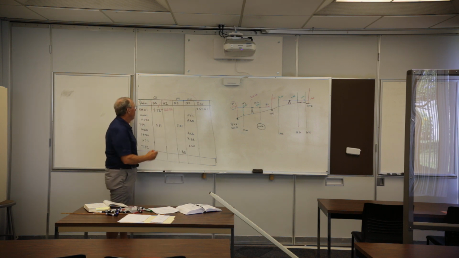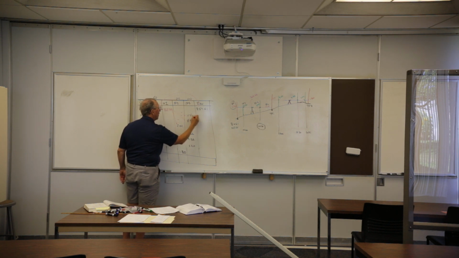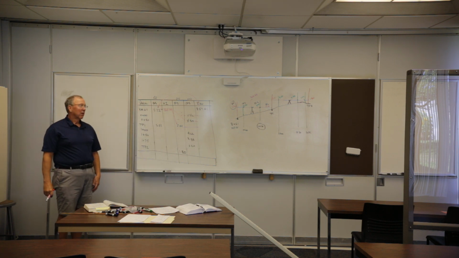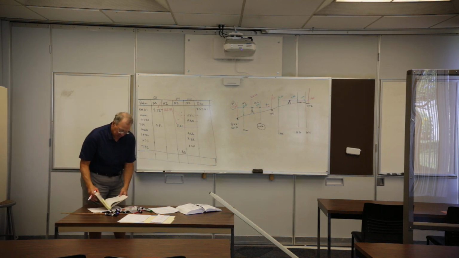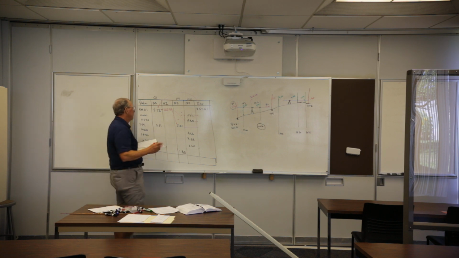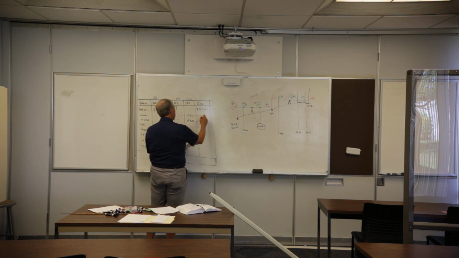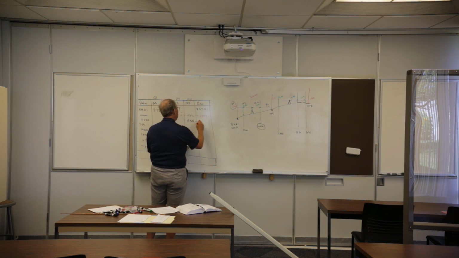So if they're intermediate foresights, all I do is this. Hopefully you can see that. If I do that, I get the elevations of all of those guys. And if I do that, I get 257.91. I get 258.03. And I get 260.32.